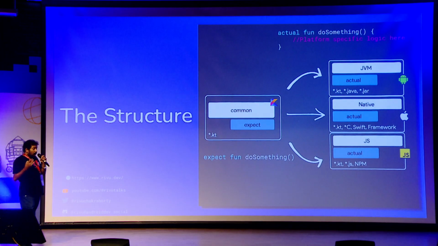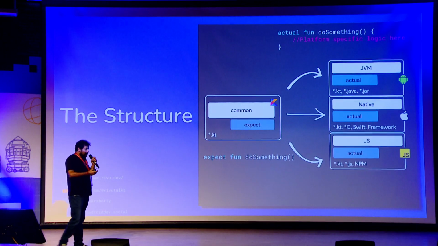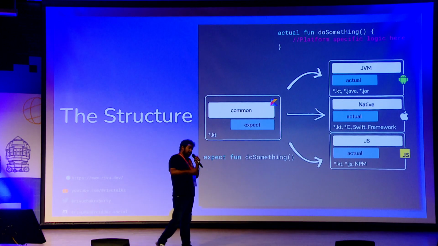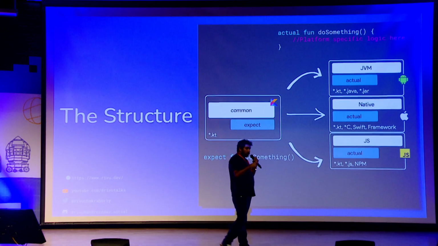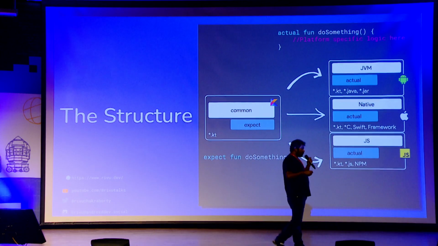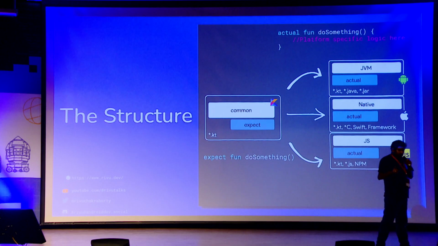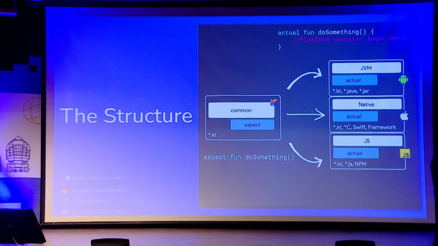That's why expect actual is there: if you write an expected function in your common code, your IDE will make sure you implement them across all the platforms you are targeting. So let's say I have a doSomething function here as expected. In actual, I will implement it on Android, JVM, native, and JS.